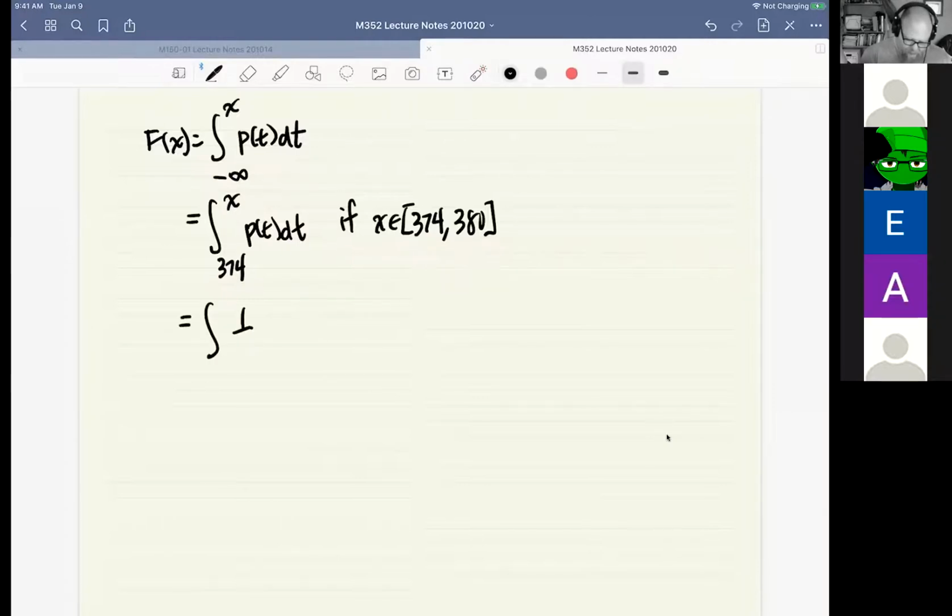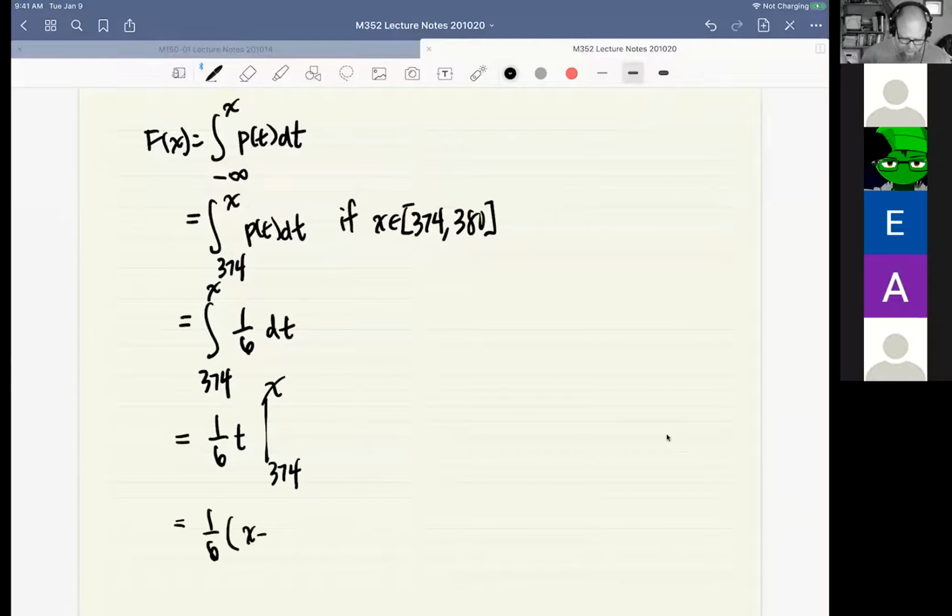Then on this interval, our PDF is 1/6. And so do a little calc 2. We get 1/6 times t, the fundamental theorem of calculus here. So there we go. That's the formula for our cumulative distribution function.